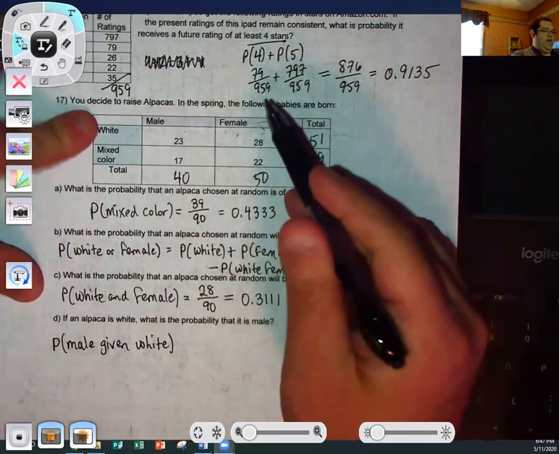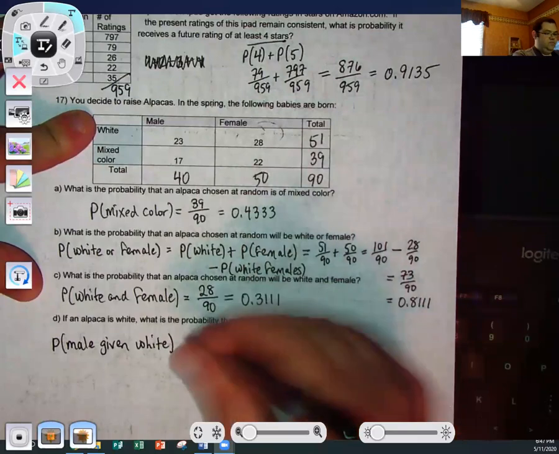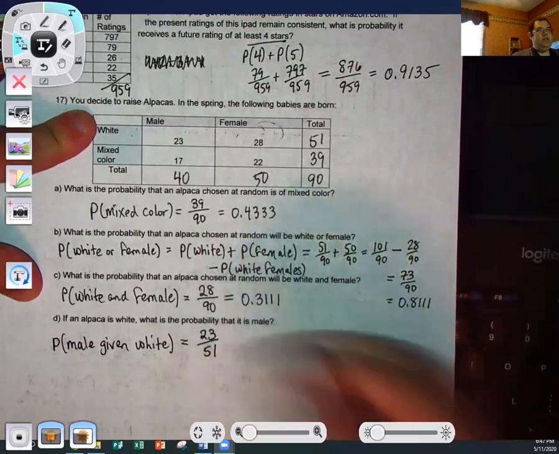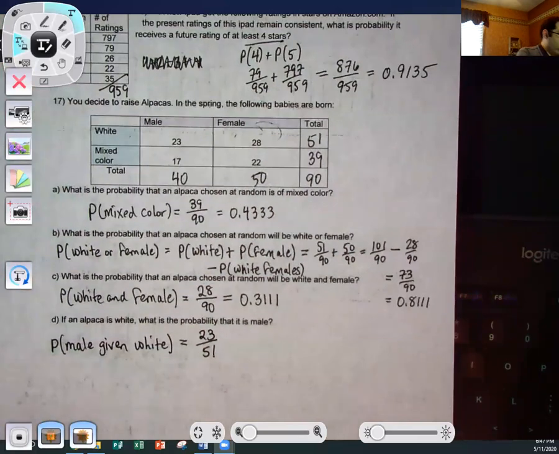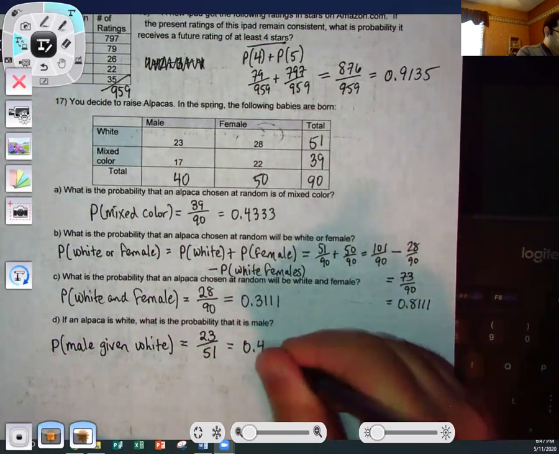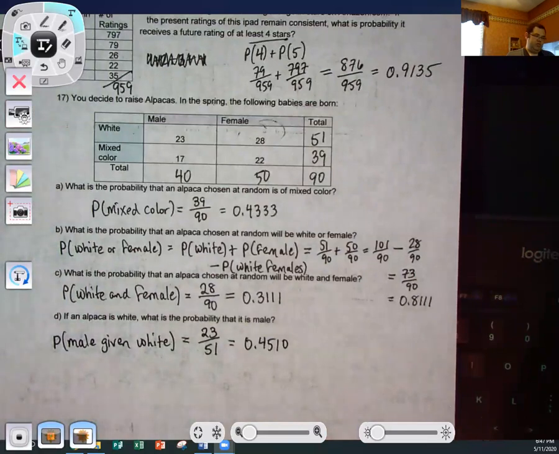So of all the white alpacas, how many of them are male? Well, that's 23. So the probability of selecting a male, given that it's white, is 23 out of 51, which is 0.4510. So approximately a 45% chance of selecting a male, given that the alpaca is white.